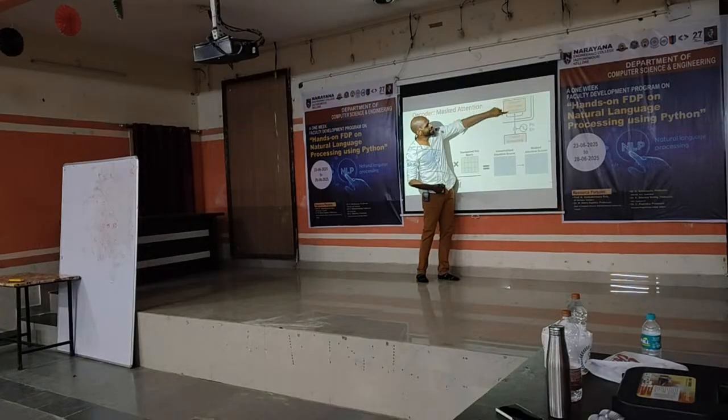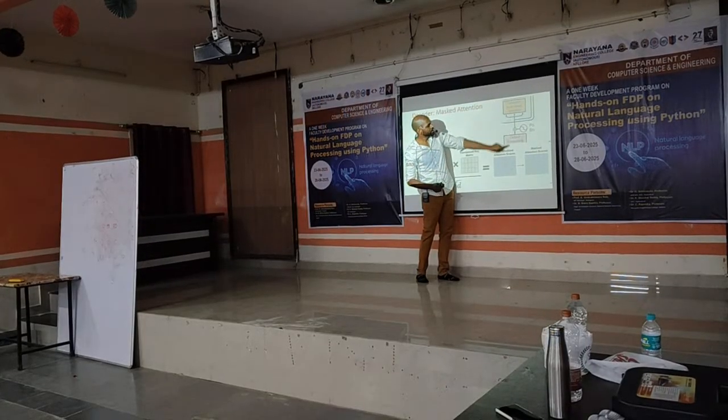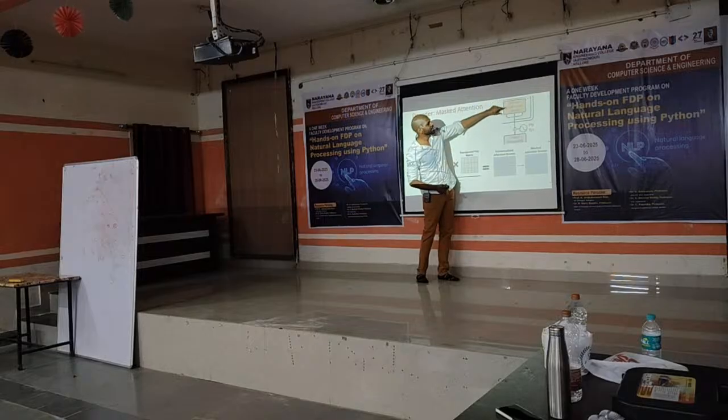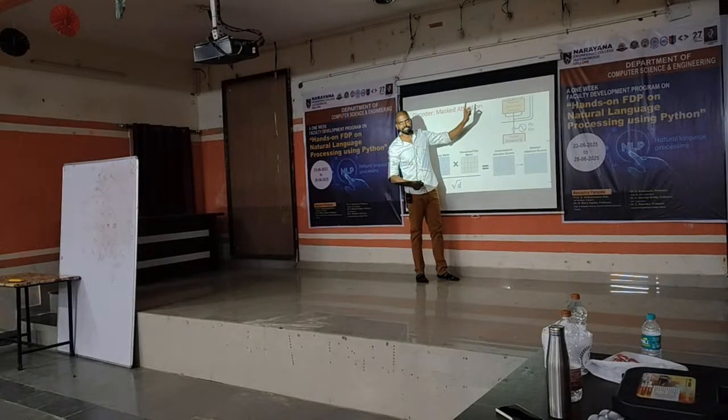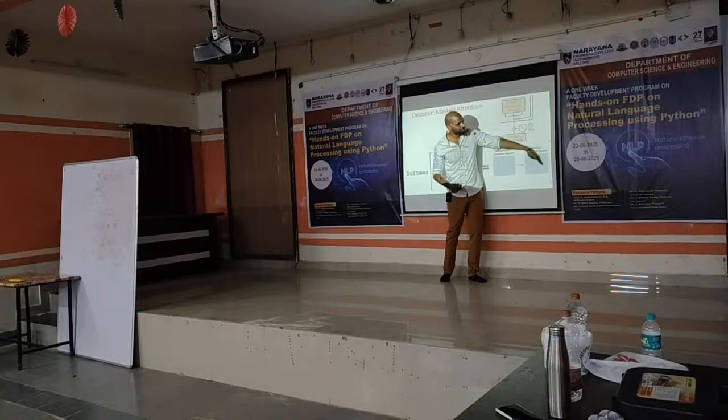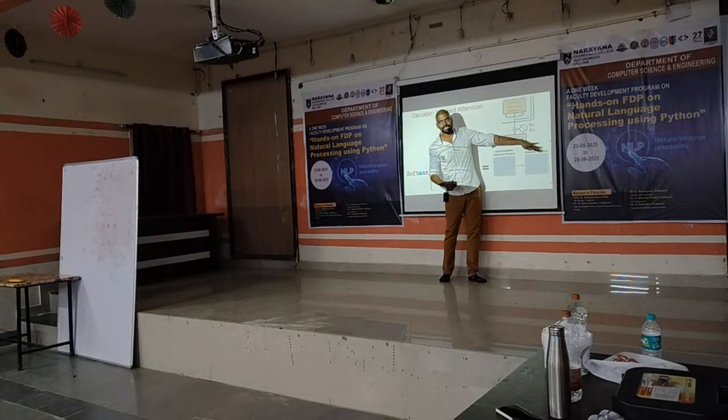Masked multi-head attention, which is in the decoder. This is also the same. You take the original embedding and the positional embedding and take the summation. After that, instead of self-attention, you apply masked self-attention. That's the only difference. So it means half of the diagonal, you are making minus infinity forcefully.